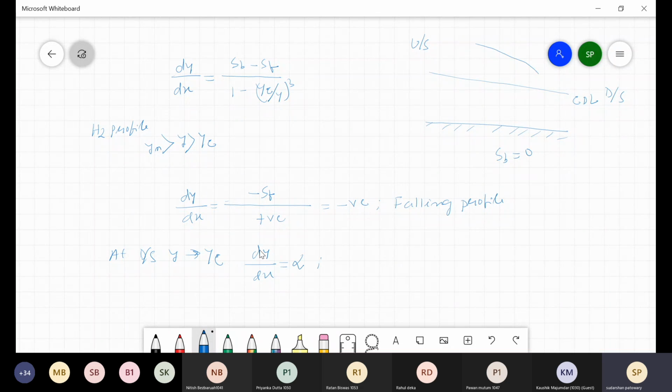So if it is infinity, then it will meet the CDL. How will it meet? Normally, sir. Like this. This is your H2. H2 clear? Yes, sir.